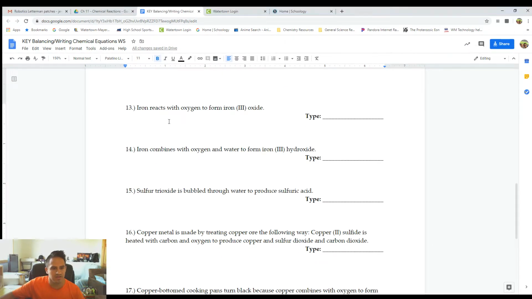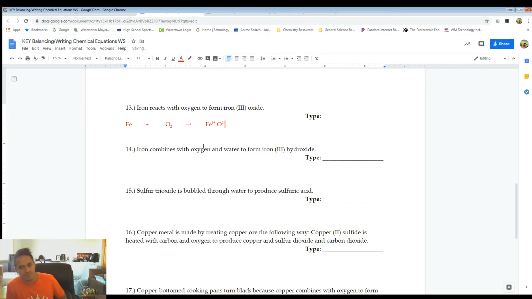All right, number 13. Iron reacts with oxygen to form iron 3 oxide. So iron is Fe. Oxygen is O2. It's diatomic, so it's, again, O2. Iron 3 oxide, so iron 3. So we have Fe with a 3+ charge, bonding with oxygen, which is a 2- charge.